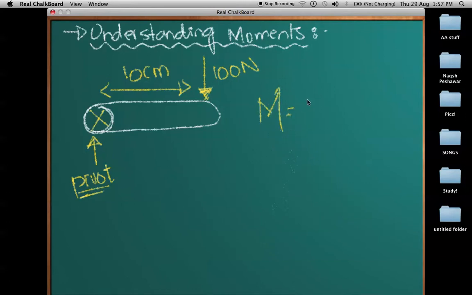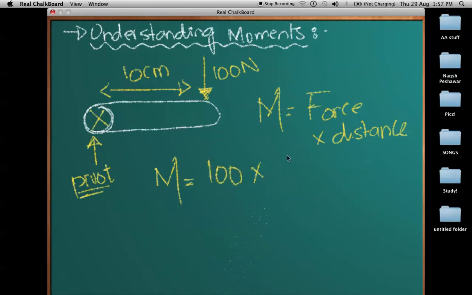The moment is given by force times distance, which is the perpendicular distance. So your moment is 100 times 10 centimeters, and we always use the perpendicular distance, so you can see that these two will make 90 degrees. So this is 10 centimeters, which becomes 0.1 meters.